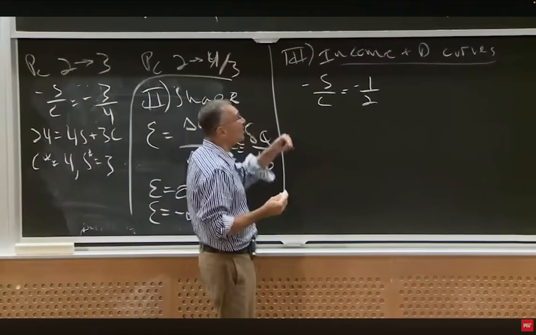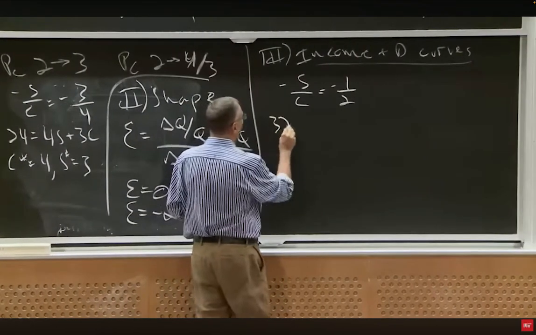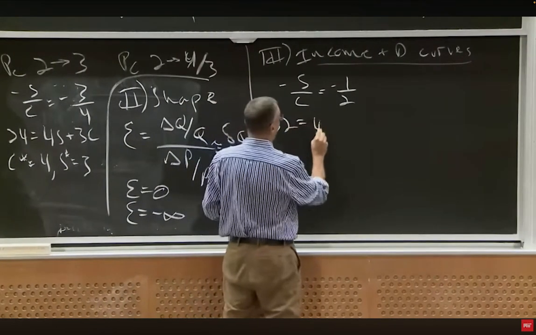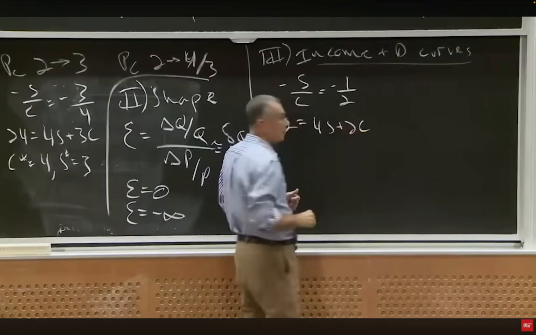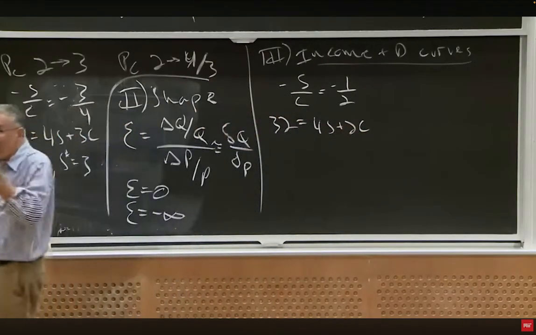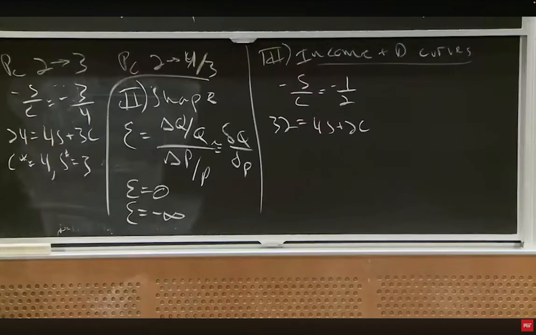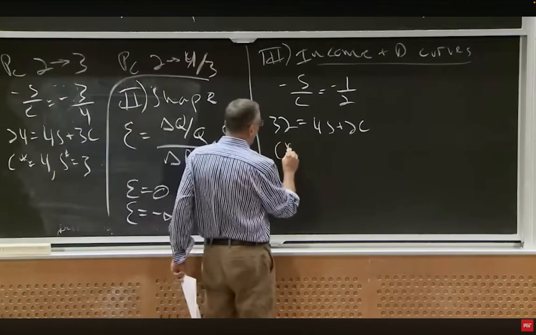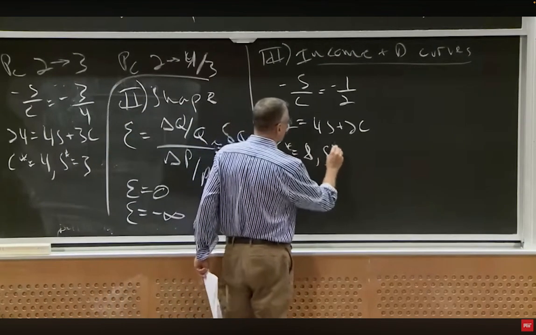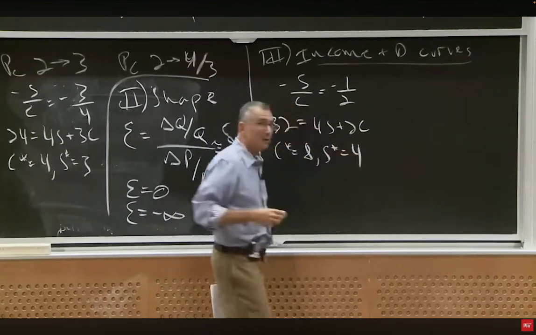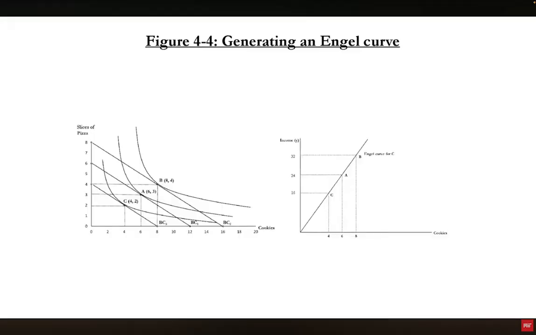What's changed is the second equation: your budget constraint is now 32 equals 4S plus 2C. So the tangency condition hasn't changed. What's changed is the budget constraint. And when we solve for that, you'll now see that C star equals 8 and S star equals 4. So you change your consumption, but not because prices have changed. You're richer, you want more.